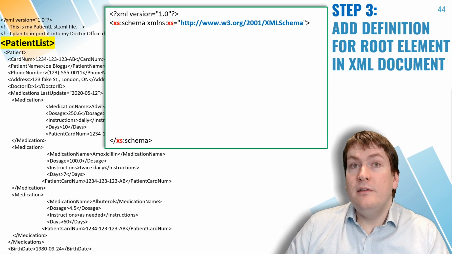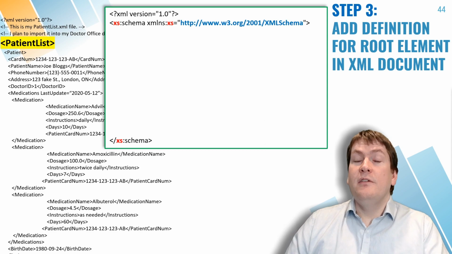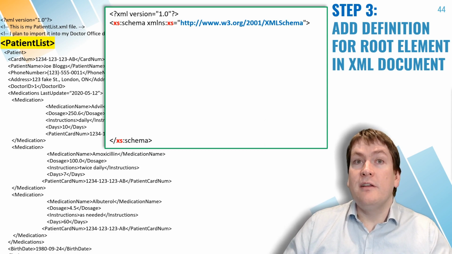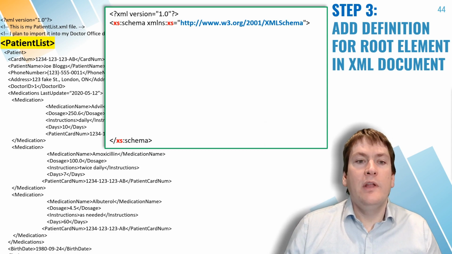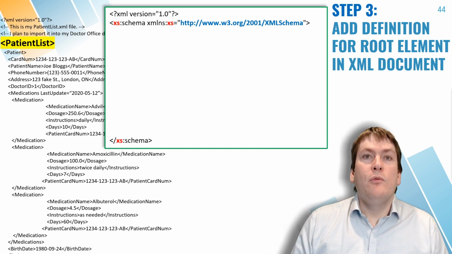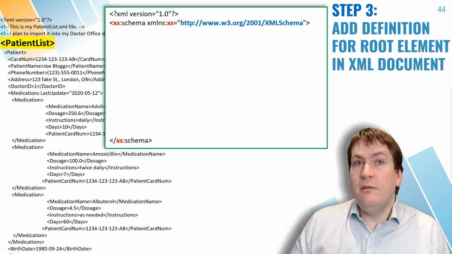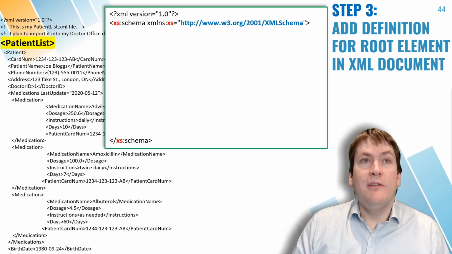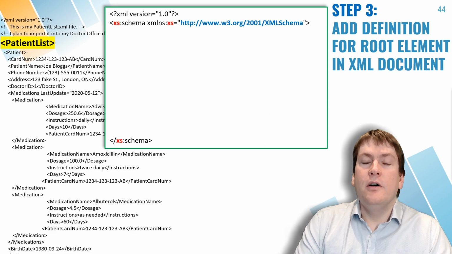So the first element that we are going to get to, and it should always be this first element, is the root element of your document. So it might not be named patient list, but it will always be the root element. It will be the first one that we get to, and the root element will be the first one that we should be defining in our schema. So in this case, the element is called patient list.